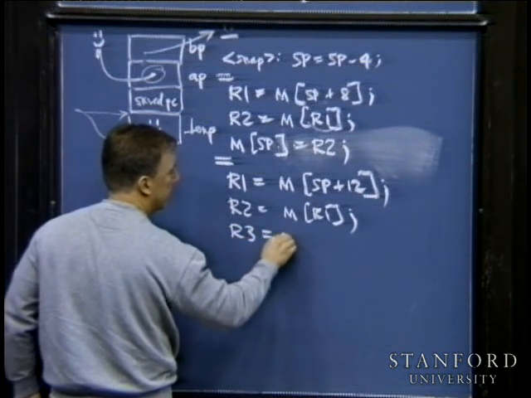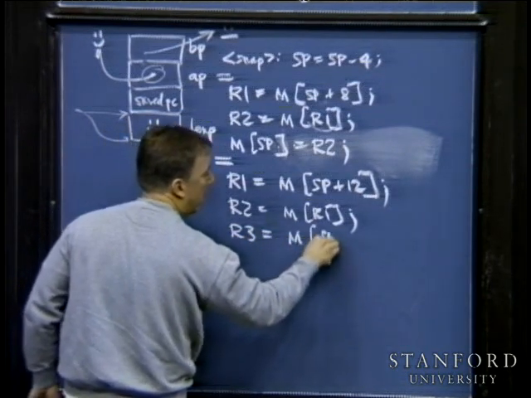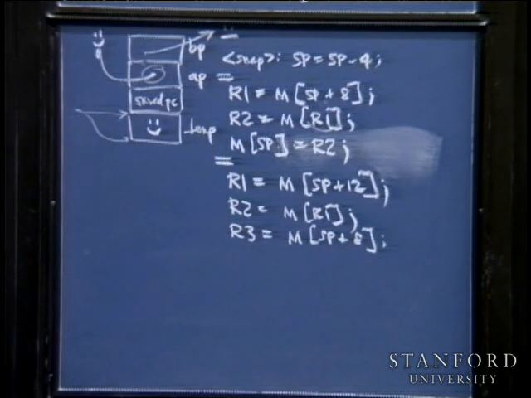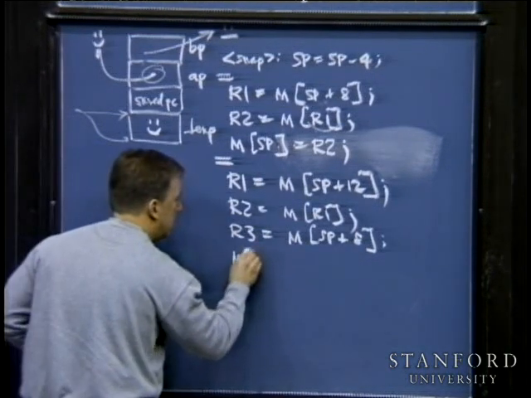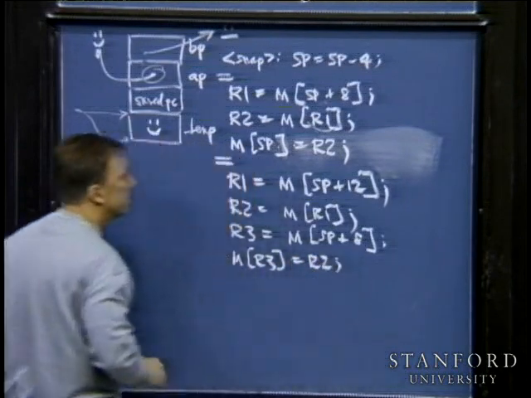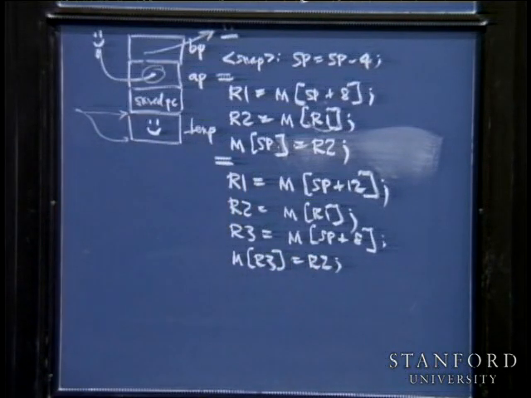R3 is equal to M of SP plus 8. And I don't want to load M of R3 because I don't care about the old value. I want to actually set M of R3 equal to R2. Does that sit well with everybody? Just making sure I did that right. Yeah, AP right there. Make sense?